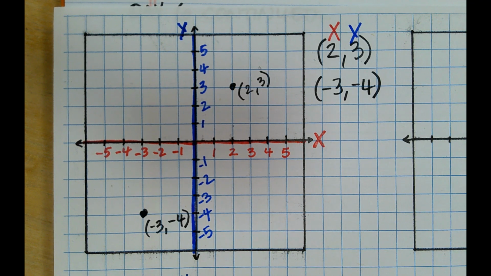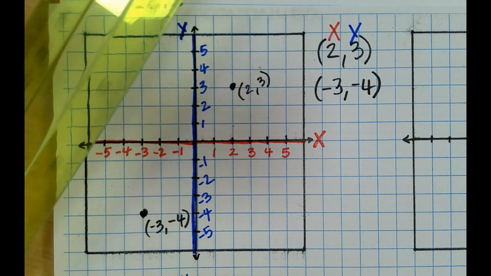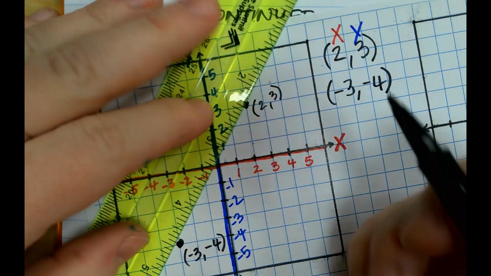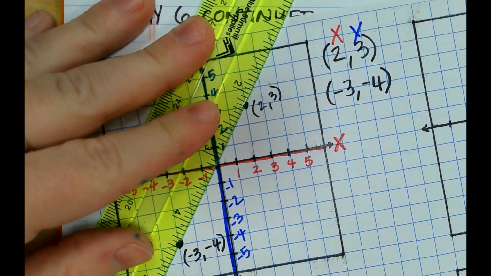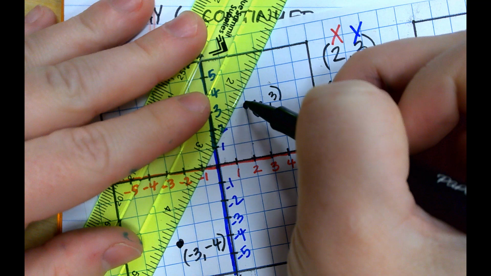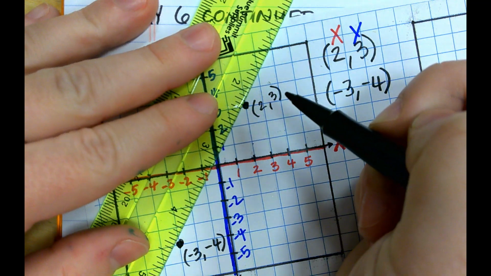All right. So what I would like you to do with these 2 points we just plotted is take a straight edge or a ruler and connect these dots so that we create a line segment. Don't go past the endpoints. I want you to just make a line segment.